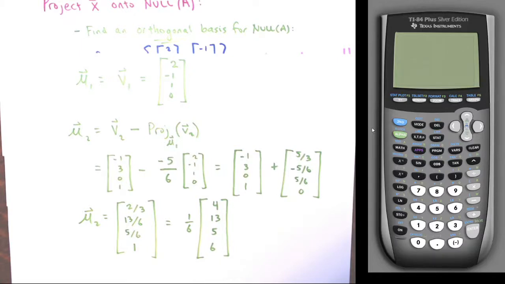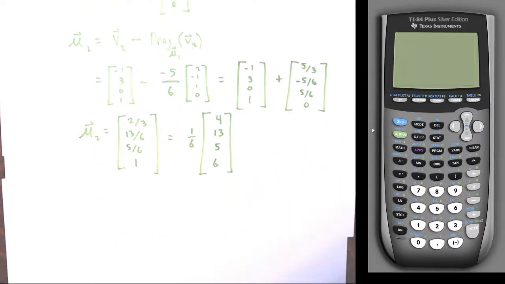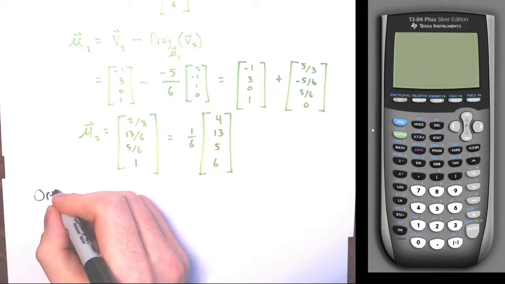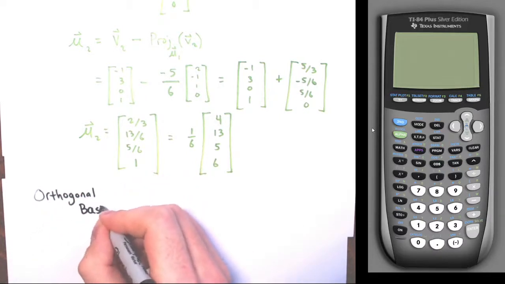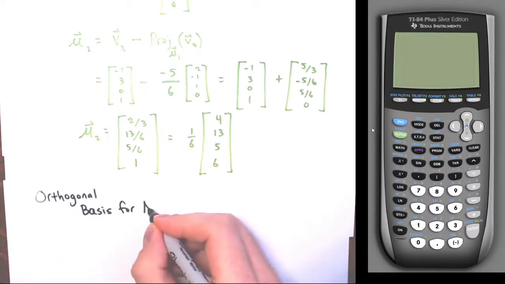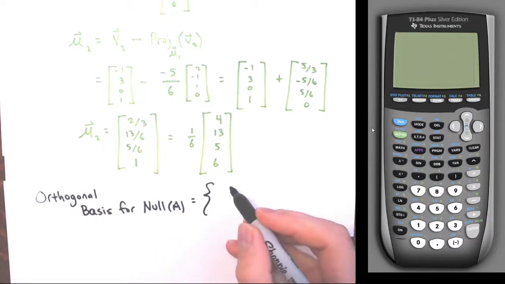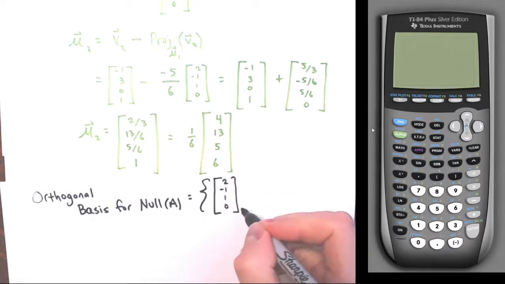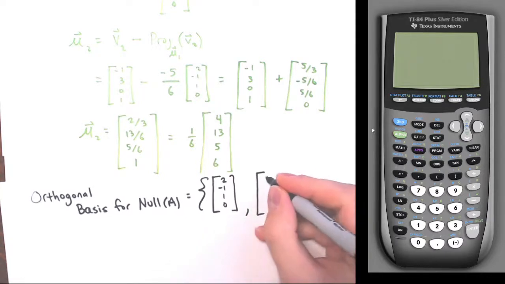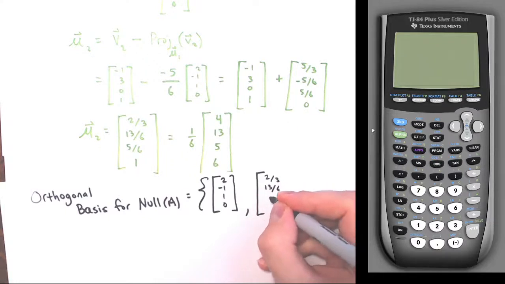Okay. So now I want to project. Let me write that out. So now I have an orthogonal basis for the null space of A. And it's this basis here with, again, the vectors 2, -1, 1, 0, and 2/3, 13/6, 5/6, and 1.